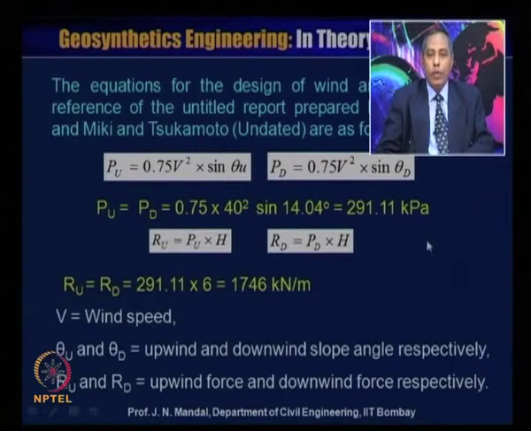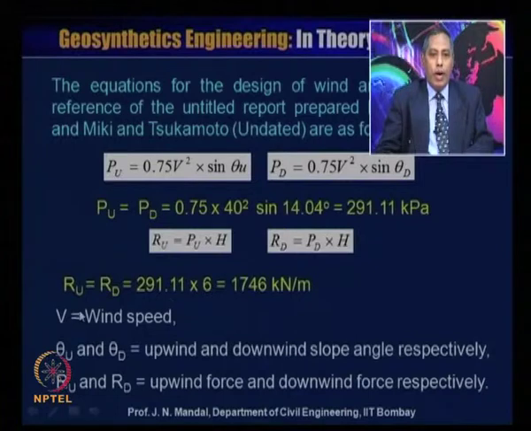So, this will give Pu or Pd equal to 291.11 kilopascal. Again, R of U is the upwind force, equal to Pu into H, and Rd is the downwind force, so Rd is equal to Pd into H.